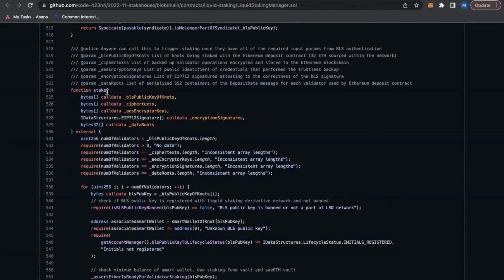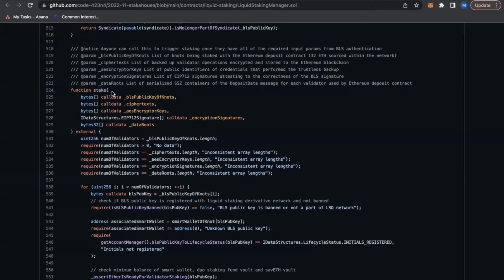Similar is the situation with the stake function. A node runner can be on the lookout, and when he sees that either of the pools have enough funds, so the fees and MEV has 4 ethers, the protected staking has 24 ethers and the node runner initially supplied 4 ethers, so collectively there is 32 ethers per validator.